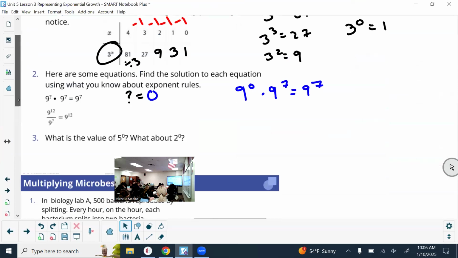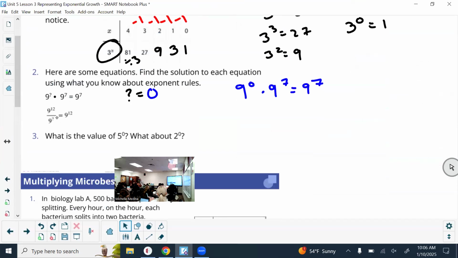Now for 9 to the power of 12 over 9 to the question mark, equaling 9 to the power of 12, what does that question mark have to be? Tristan? 0 is correct.